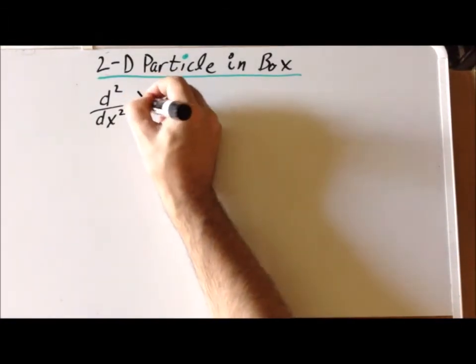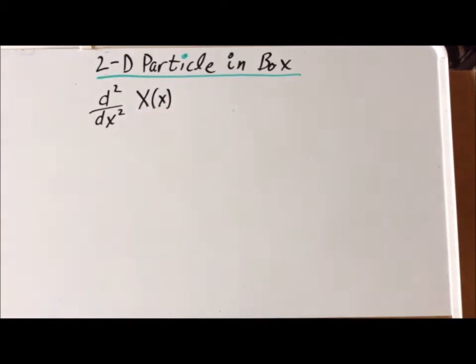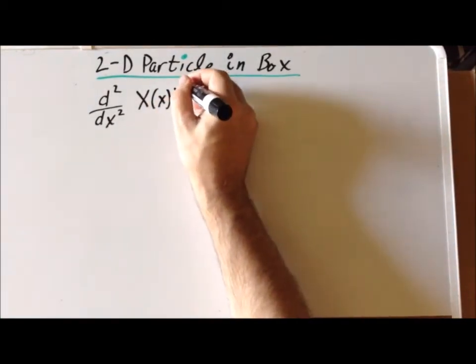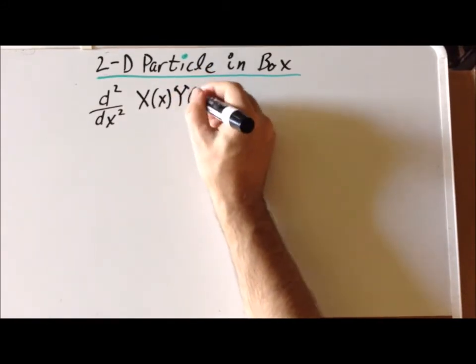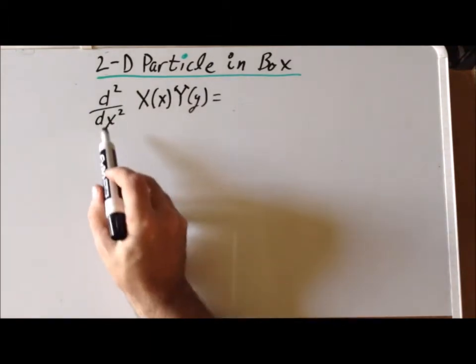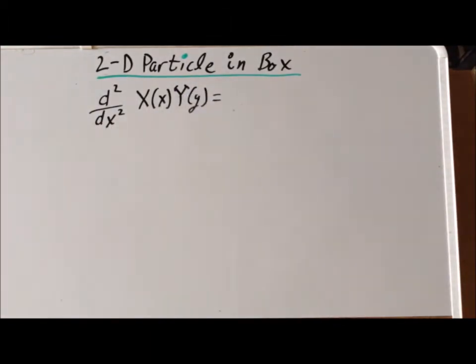So if we take the second derivative of our wave function, which we recall is a function of x entirely multiplied by a function entirely of y, well, since we're taking the derivative with respect to x, any function that's entirely a function of y alone is not affected by the differential operator.